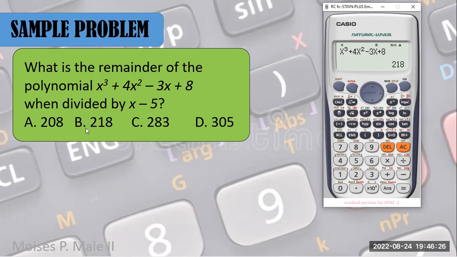So the remainder is 218, the value of the polynomial when 5 is substituted for x.